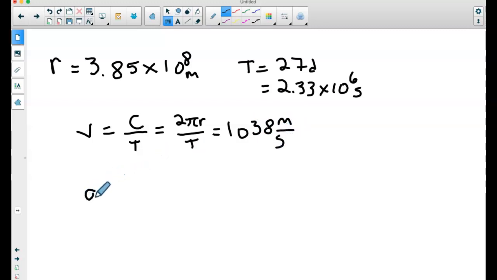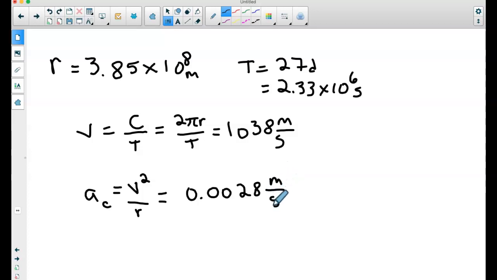So then as a last step, I went to the centripetal acceleration formula we have. So a_c is v squared over r. I plugged in my value for v and my value for r, and I got 0.0028 meters per second squared, which is quite a bit smaller than the 10 meters per second squared we've been using for g.